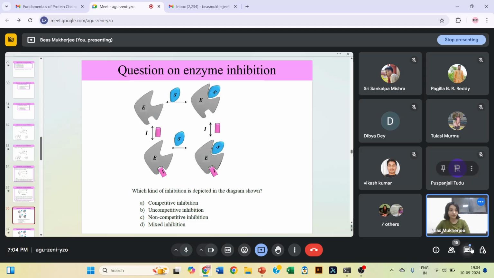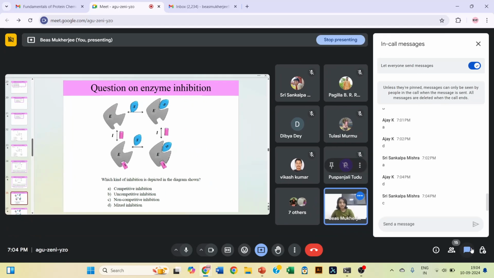Let's see. Okay. One of you is saying D. The other one is saying C. Let's see. It cannot be competitive because it is not binding at the substrate's binding site. So it is definitely not competitive.